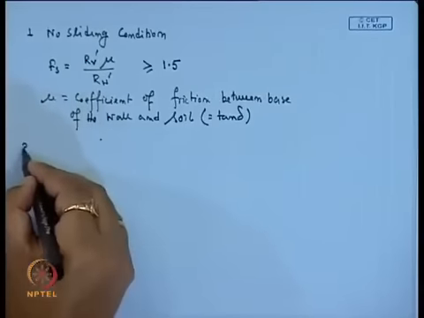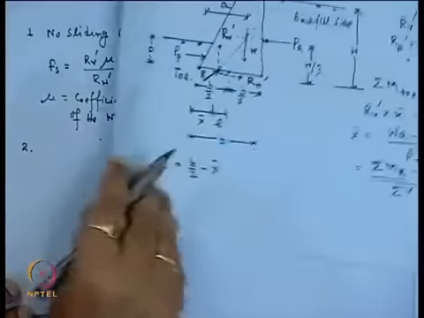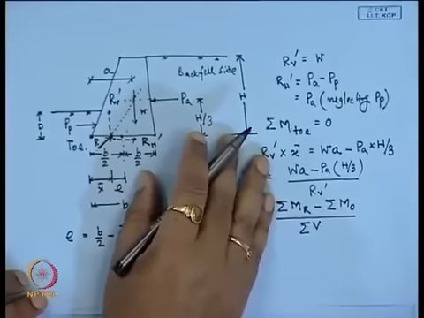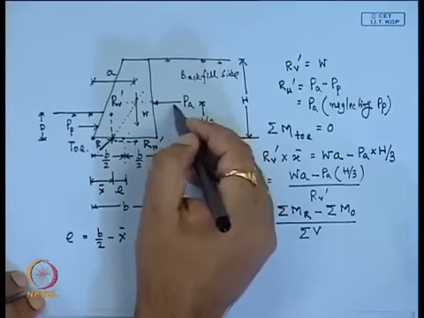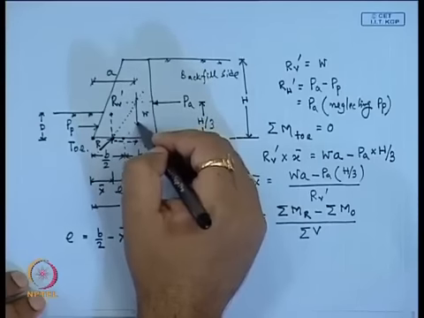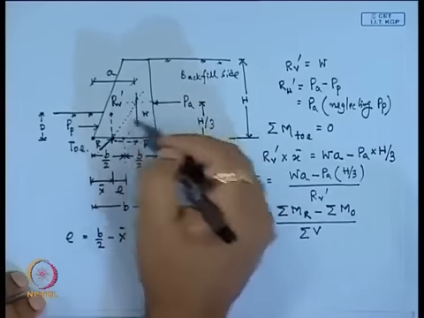So, next one is the no overturning condition. Because of this P a force, it will overturn the retaining wall, and this weight will resist the overturning force.